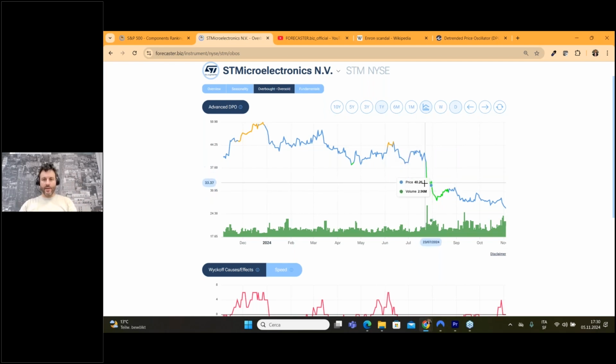Okay, what we do is not drawing the Bollinger Bands, but we color the chart with this kind of color. So for example, here you can find that starting from July, the prices of STMicroelectronics dropped. Okay, and they were so low that the prices became green.